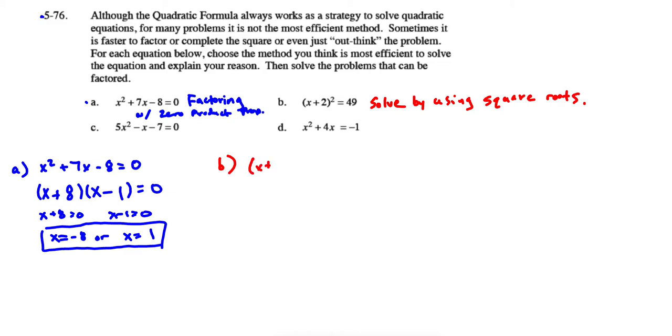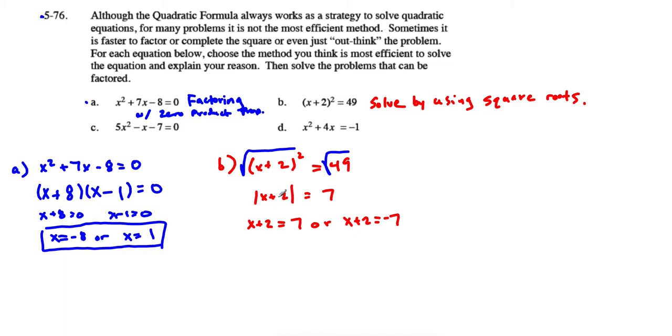We've got x plus 2 squared equals 49. If I want to get the x out of the grouping symbols, let's take the square root of each side. Remember, this is what it means to use the square roots. So the absolute value of x plus 2 is going to equal 7, which means that x plus 2 could equal 7, or x plus 2 could be negative 7, because either of those values could make this true.